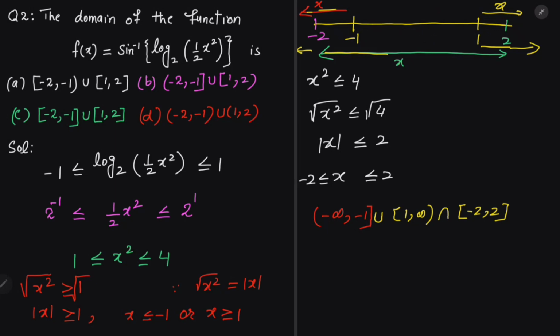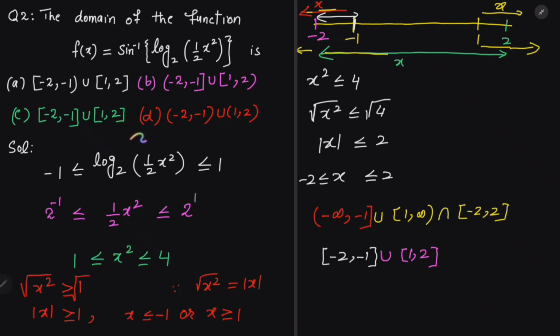So what we can do, the common value can be minus 2 to minus 1. This is common to both on the left hand side of minus 1, and this is the common value on the right side of 1. So we can take the union with 1 to 2. And what is the option over here?